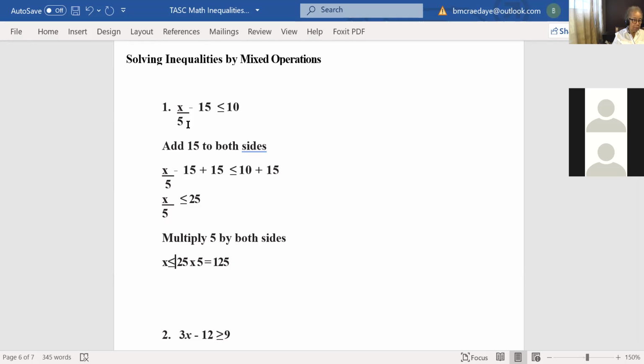It's equal to 10, right? So that would satisfy that inequality. Because if I substitute what I got for the x, which is 125 divided by 5 is 25, and 25 minus 15 is 10, that satisfies the less than or equal because it's equal to 10, correct? That's right. Maureen, you following?